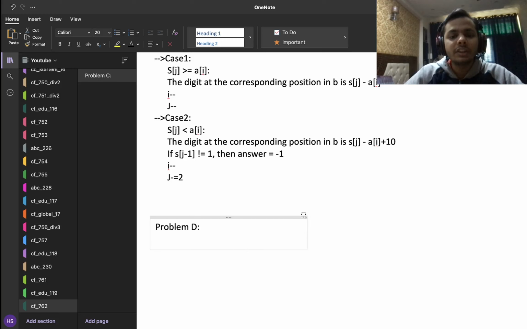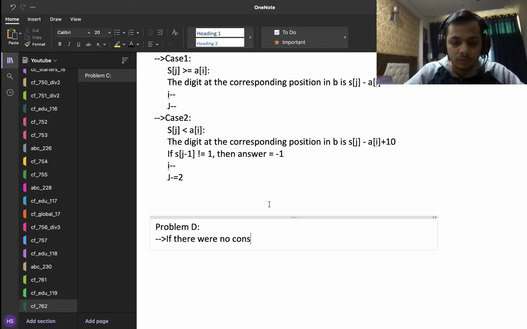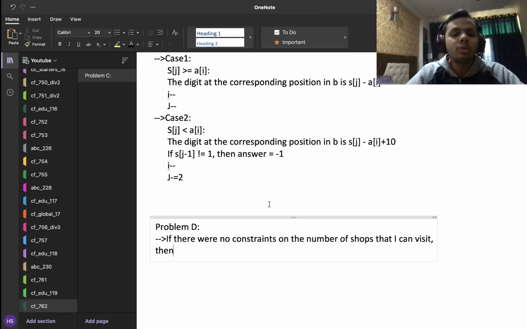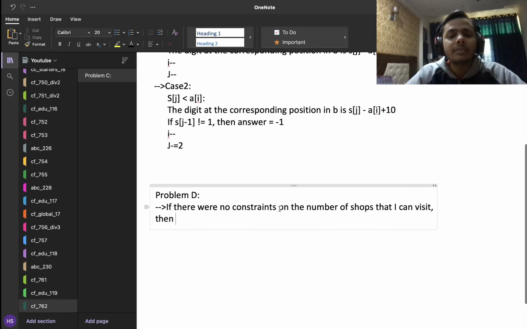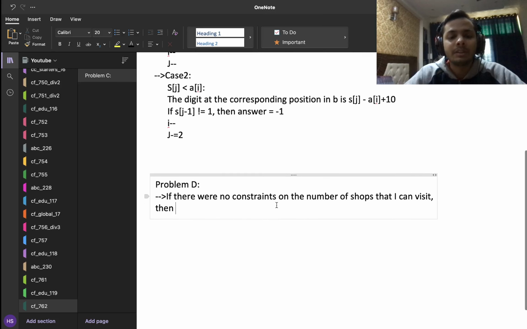So the first observation is that if there were no constraints on the number of shops that I can visit, then the optimal thing to do would have obviously been to just take the maximum amount of joy that I can get for every person.